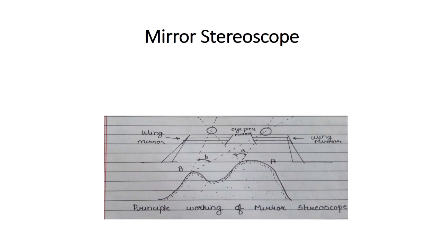So this is how the mirror stereoscope functions, and with its help we are able to view a 2-dimensional image as 3-dimensional by getting depth perception.